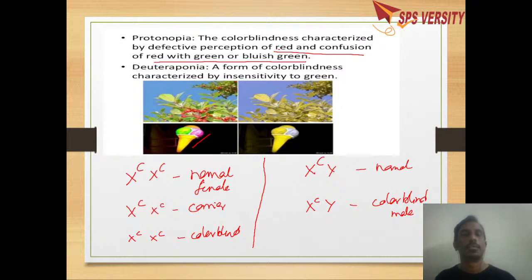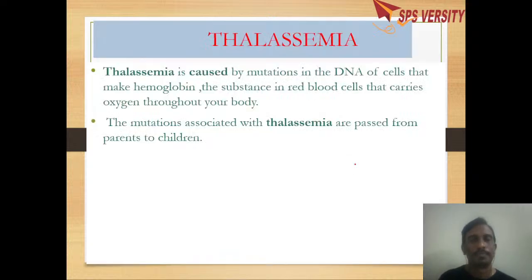The reason is that the gene related to this is present on the X chromosome. And next is thalassemia, which is also related to the red blood cells. But it is not the same as sickle cell anemia. Thalassemia is caused by mutations in hemoglobin genes, so it is an autosomal recessive disorder.